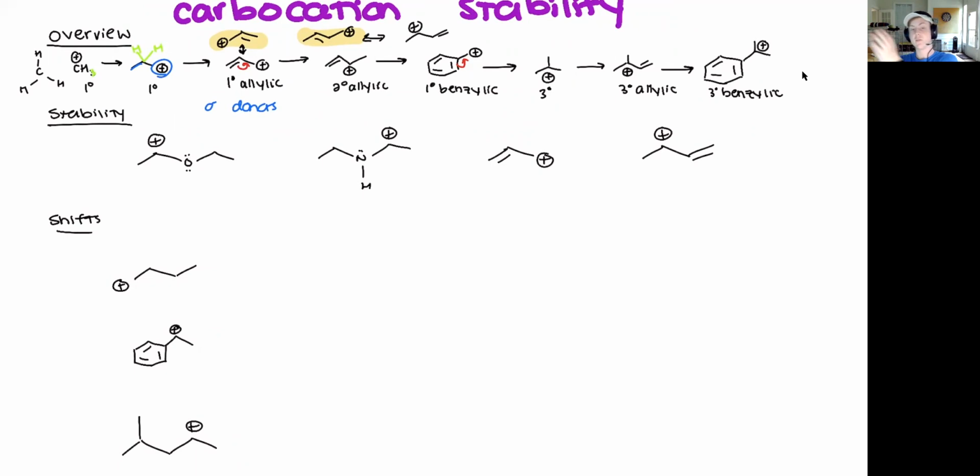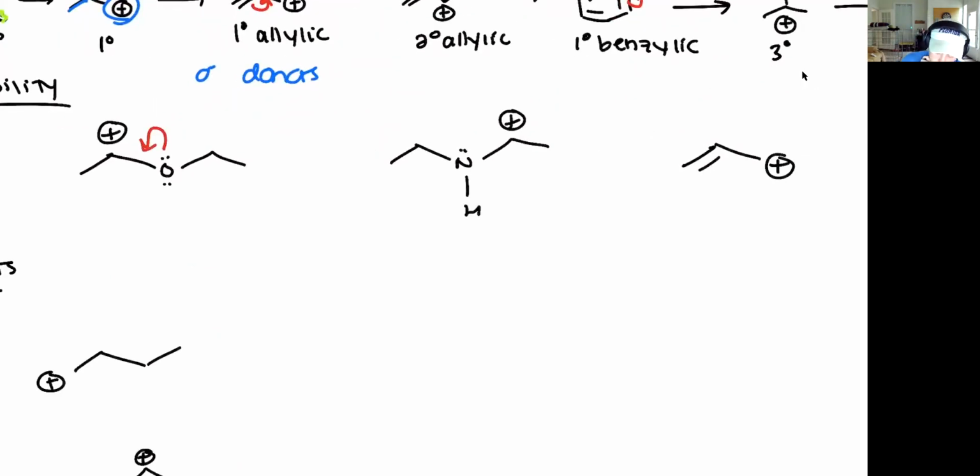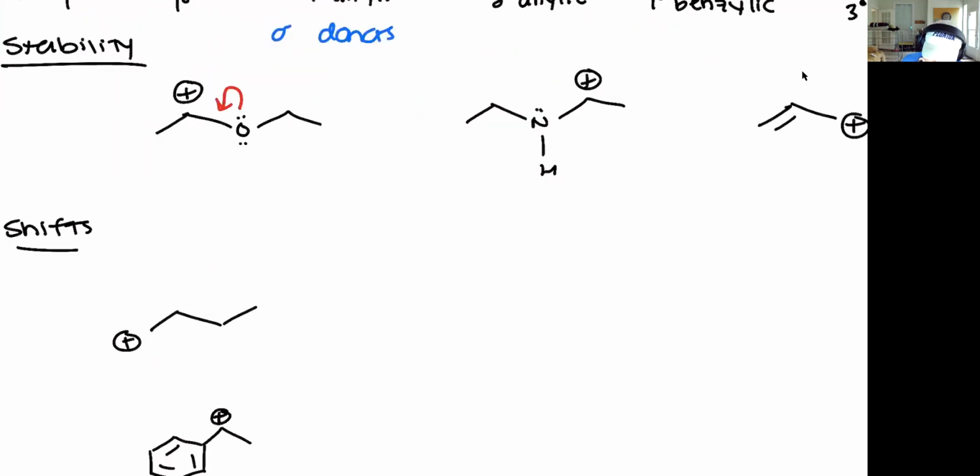So they can give the carbocation their lone pair, or resonate their lone pair, and form a structure that has full octets. It still has a positive charge because we haven't added or subtracted any charges. So the net charge should be the same, but we have full octets. And the same thing in the second case.